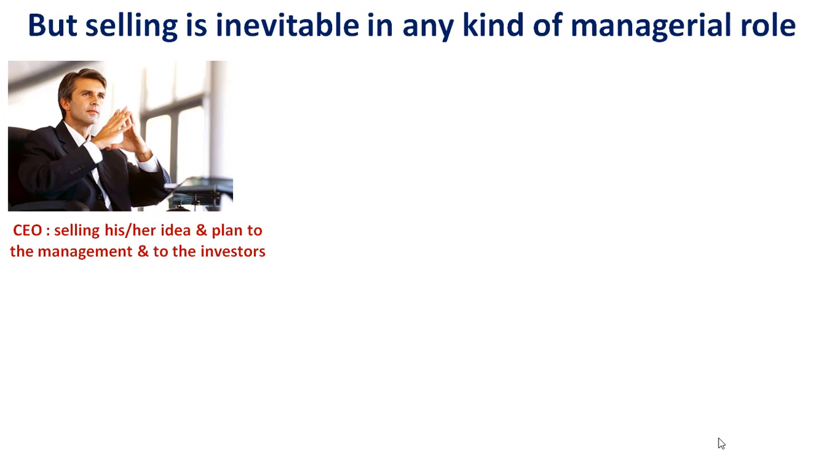a CEO must be able to sell his idea and plan to the management and to the investors. If a CEO is unable to sell his idea to the investors, the organization will not get the necessary funds they require for operations. The CEO needs to sell his idea to the board of directors as well, for various approvals.